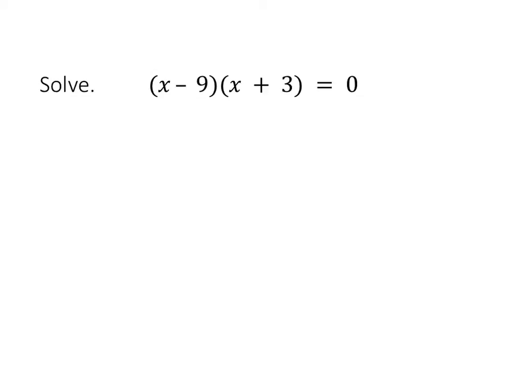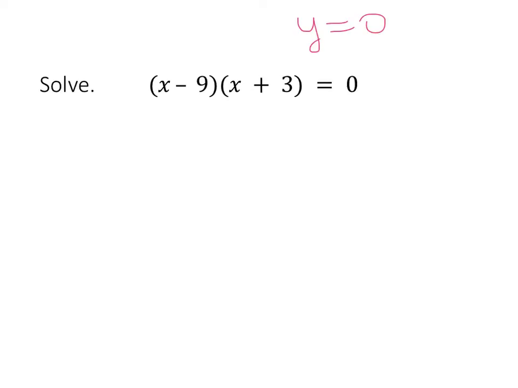All right, so the first thing that we're going to do is we want to know where this equation crosses the x-axis. And we know that normally we'd have a y right here, right? But instead we have a 0 because we have set y equal to 0, and that is where we find our x-intercepts.